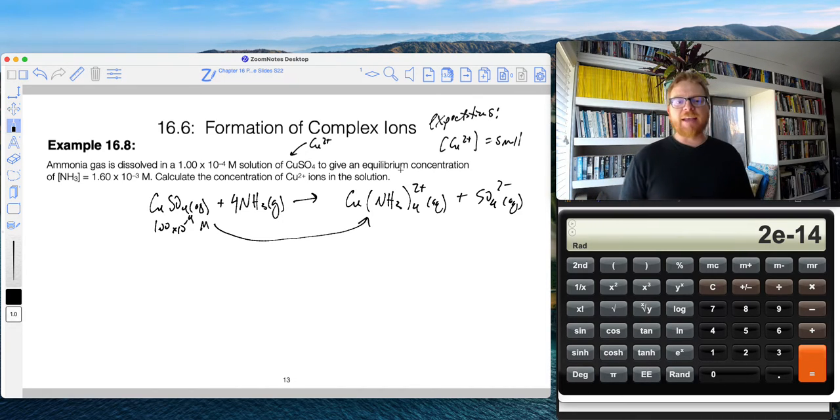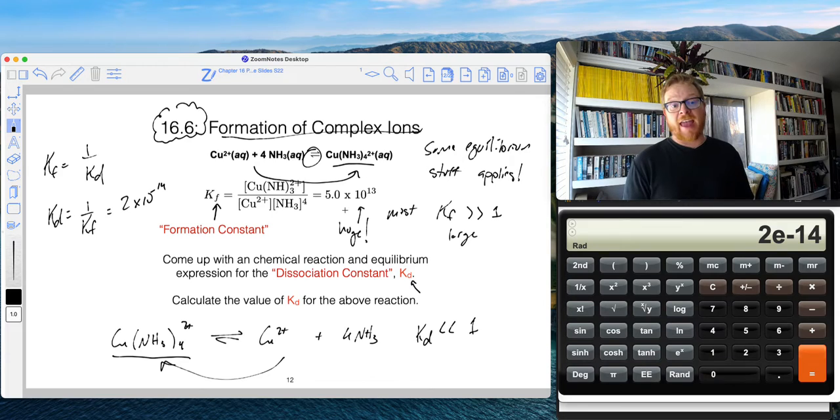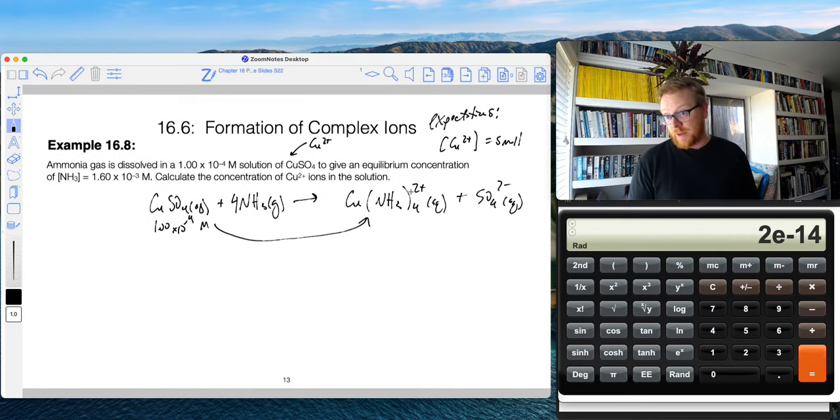And we can make that assumption because once again, we know the Kf of this is very large. So we're going to assume in this first step that that all becomes this.